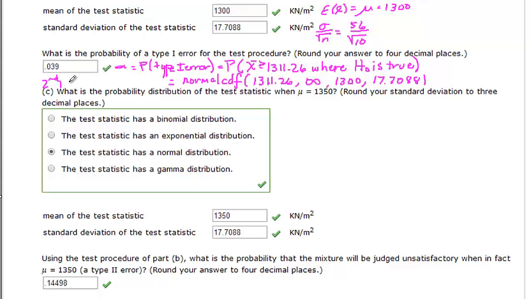Now how I get to this on my calculator is I'm going to do second distribution, the blue key, and then I'm going to hit the distribution key, and I'm going to scroll down to normal CDF. Then it's going to say what's your lower limit, what's your upper. How I key in that infinity is I'm going to hit 1, and then you can hit times 10 to the 99, because that's a big enough number for it to take it as infinity.